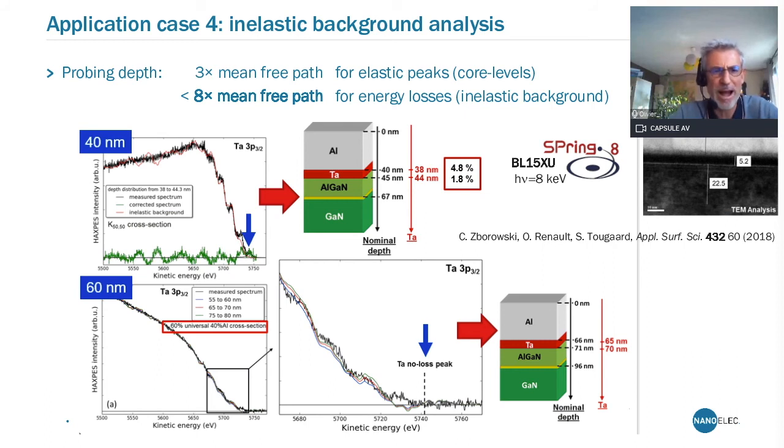But you also have energy losses to lower kinetic energies, which provide you with an increased probing depth. With core-level elastic peaks, you have a probing depth which is typically 3 times the mean free path, and using energy losses, you can increase this probing depth up to 8 times the mean free path.